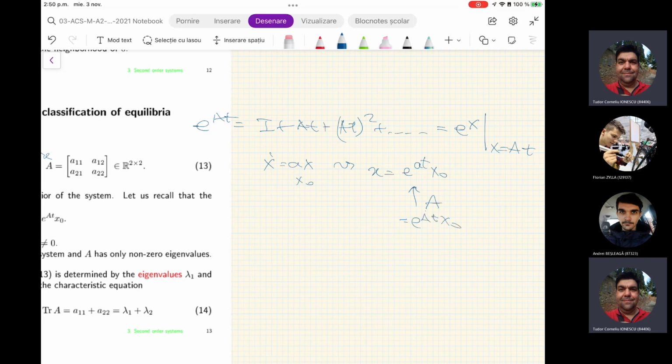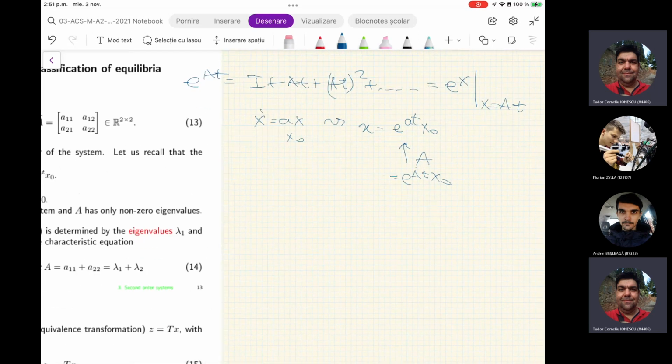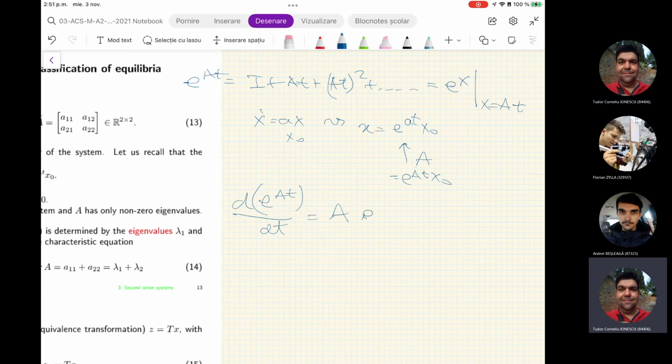Of course, this is not a proof. You can easily prove it doing the same separation of variables. Moreover, you can prove that d/dt of e to the power At is actually A e to the power At. It can be easily proven.